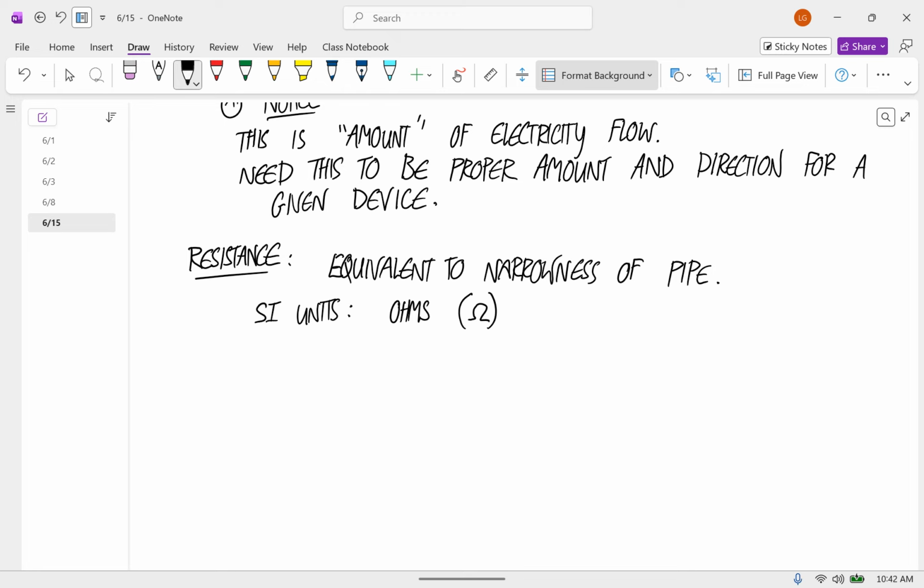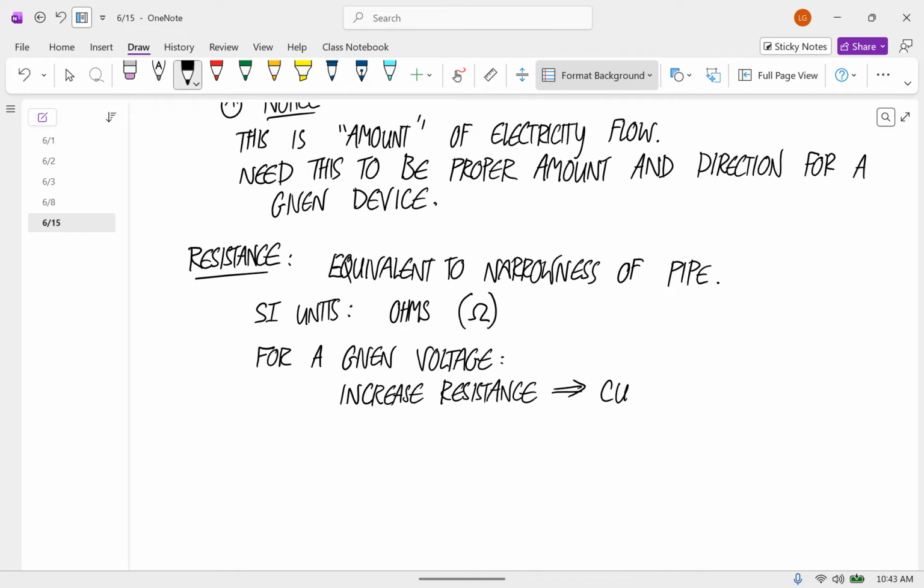The way it works, for a given voltage, if you increase the resistance, then the current is reduced.